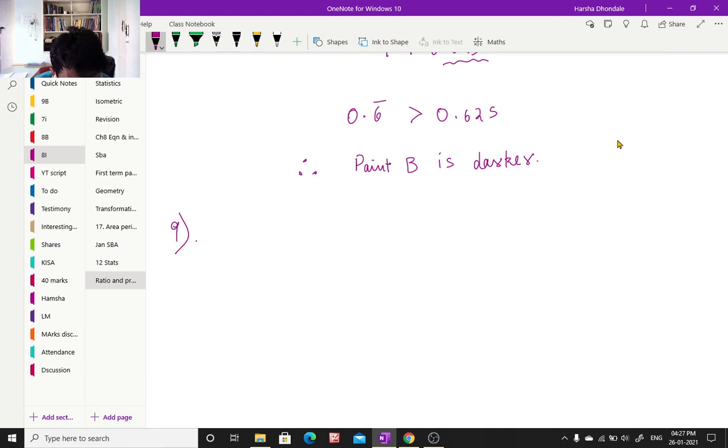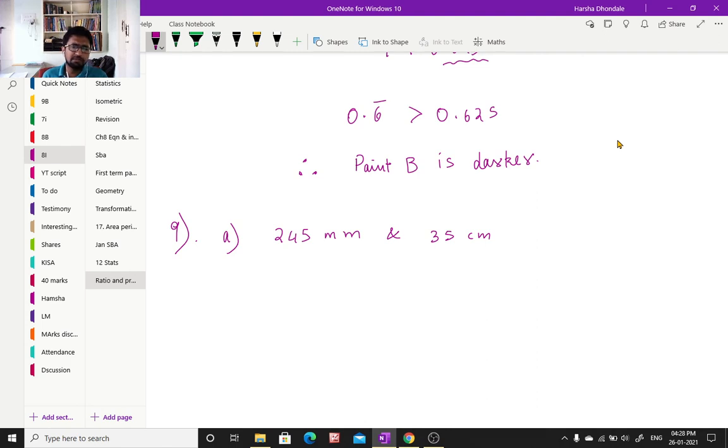Compare these quantities using a ratio: 9A, 245 mm and 35 cm.